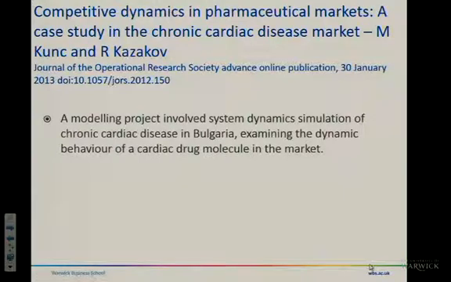So as I said here, it was a modeling project that involved system dynamics in a chronic cardiac disease market in Bulgaria. What we looked at is what happens with a certain cardiac drug molecule in the market and how the different actions and behavior of doctors and patients can generate certain costs for the National Health Institute in Bulgaria.